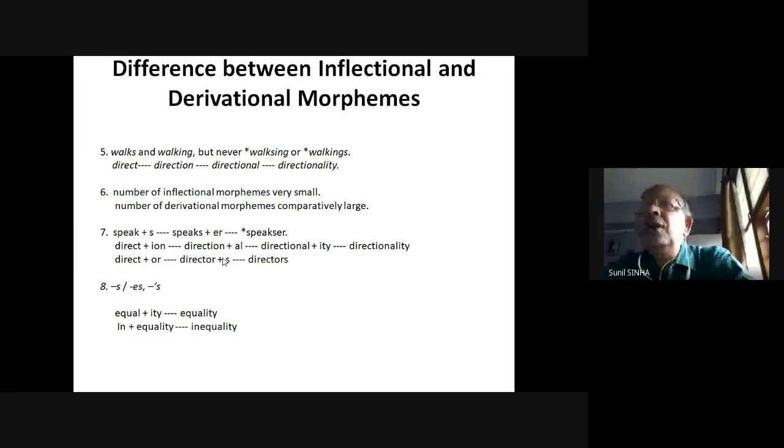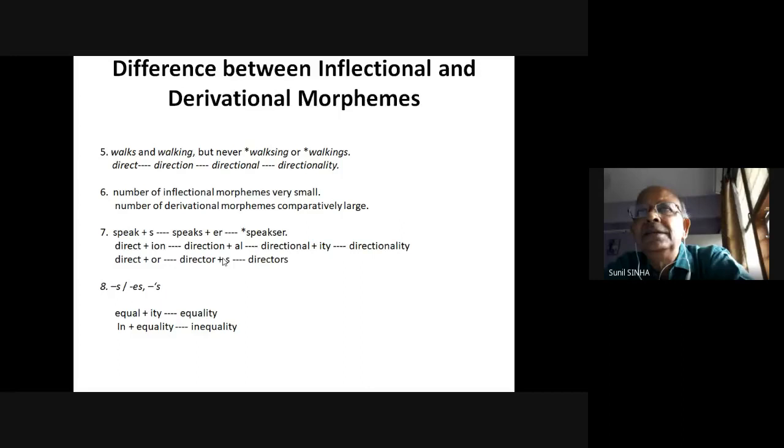Now, we can add ER to a verb, all right? Like speak and speaker, write and writer. Now, ER is a derivational morpheme, all right?